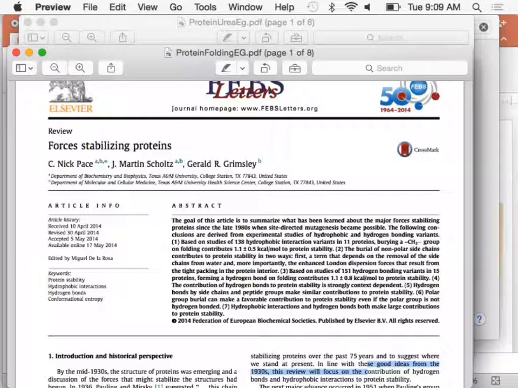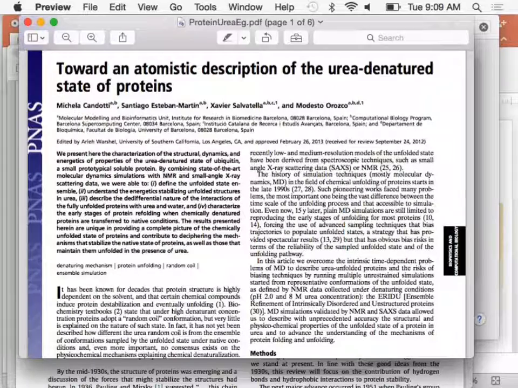Whereas the other one, can I get back to the other one? They don't say the goal, but we present here. We're talking about what they're actually trying to do and put out into the world. So it's using the English language to clearly address those issues.